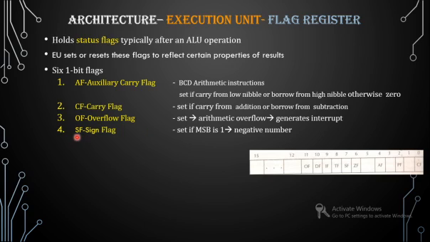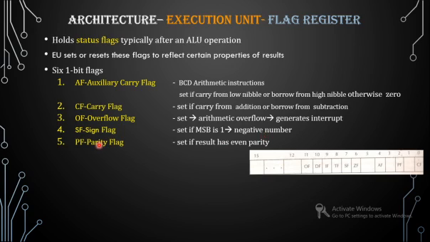Next one is the sign flag. The sign flag will be set if the most significant bit, MSB, is 1, which indicates a negative number. And the next one is the parity flag. What do you mean by parity?